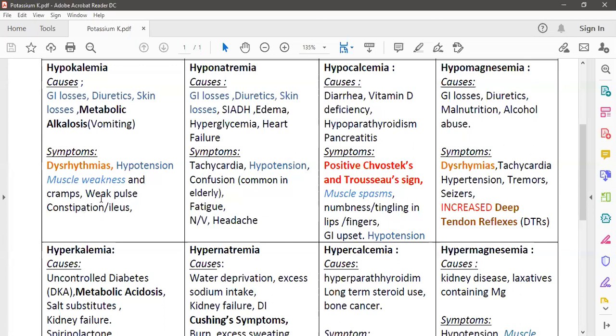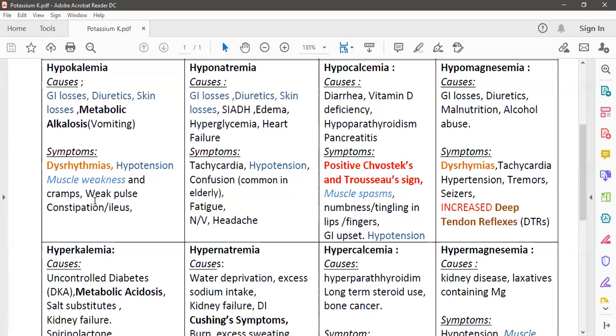If you go to other books, some say something more, but I want to say a common problem is weakness. Weakness means fatigue, lethargy, anorexia, or nausea, vomiting, or decreased bowel sounds and decreased bowel motility.